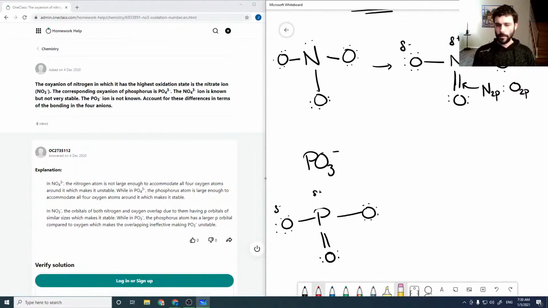Trying to draw the same structure, but failing. Okay, and so this double bond here would actually be a phosphorus 3p orbital overlapping with an oxygen 2p orbital, sorry.